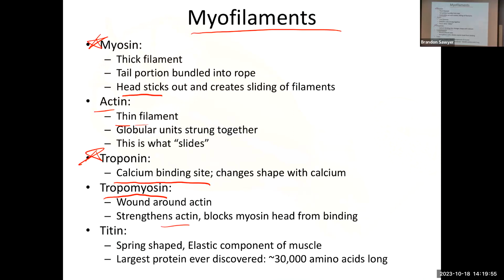It also gives some strength to actin. And finally, titin makes up the elastic component of muscle. It's a spring-shaped protein that we can stretch out and then it bounces back really forcefully. This is the largest protein in the body, about 30,000 amino acids long.